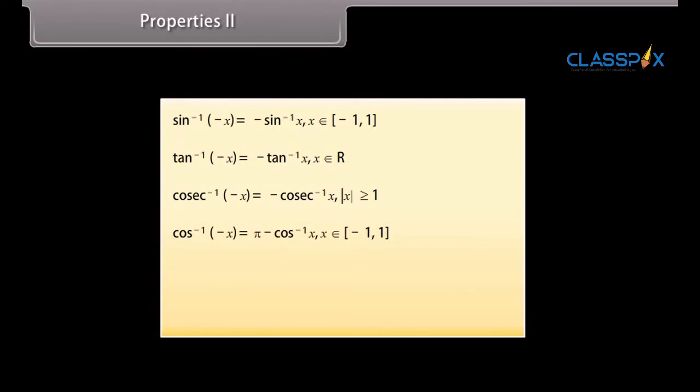Cos inverse minus x is equal to pi minus cos inverse x. X belongs to minus 1, 1. Sec inverse minus x is equal to pi minus sec inverse x. Modulus of x greater than or equal to 1. Cot inverse minus x is equal to pi minus cot inverse x. X belongs to R.